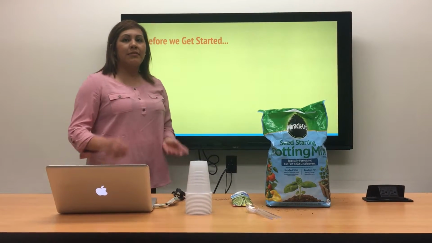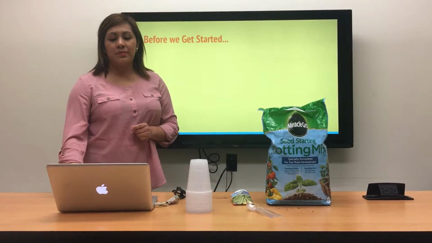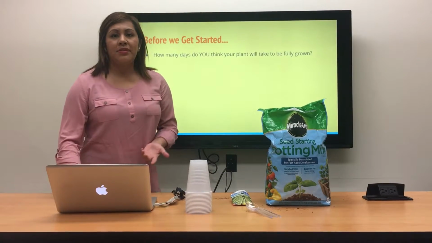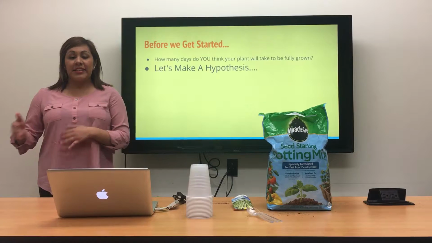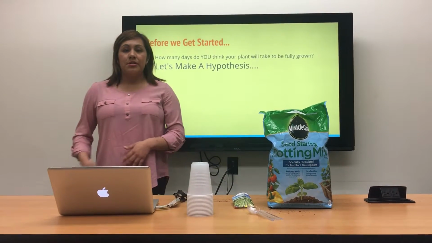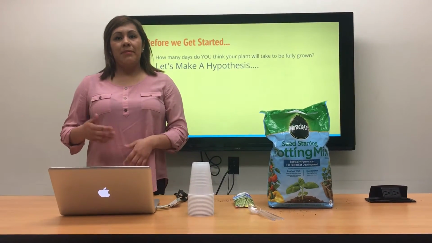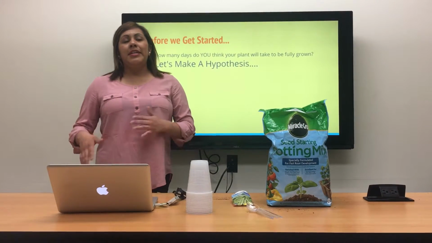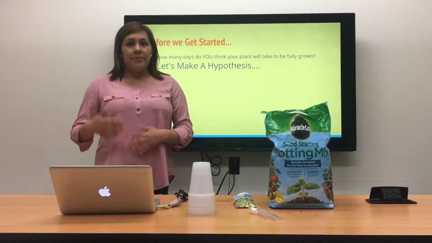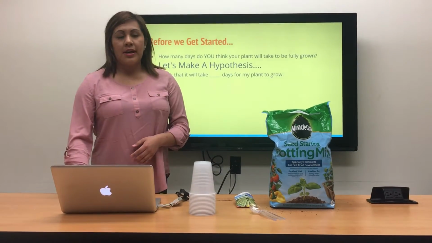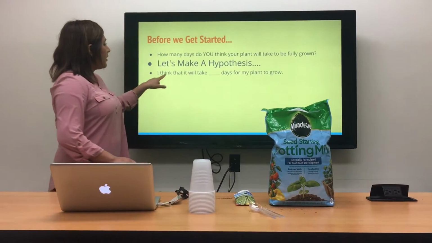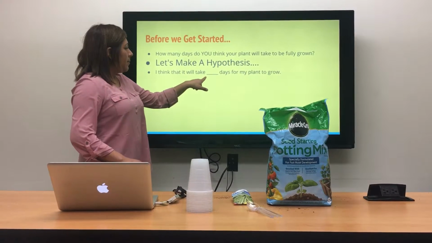Before we get started, I want you to take out your journals. Let's think about a few things. How many days do you think a plant is going to take to be fully grown? So let's make a hypothesis. We're going to make a guess on how many days you think your plant is going to take to grow. So on your science journals, I want you to write this sentence: I think that it will take blank days.